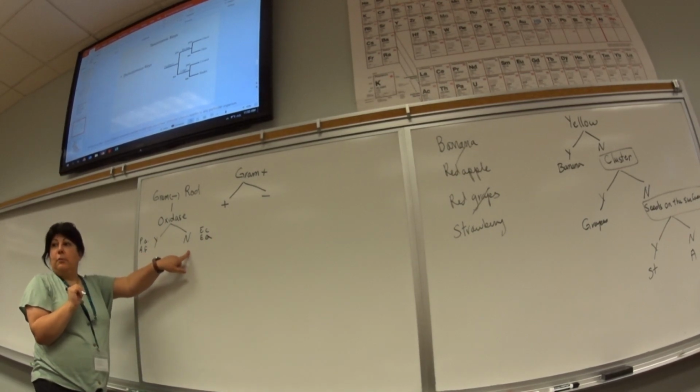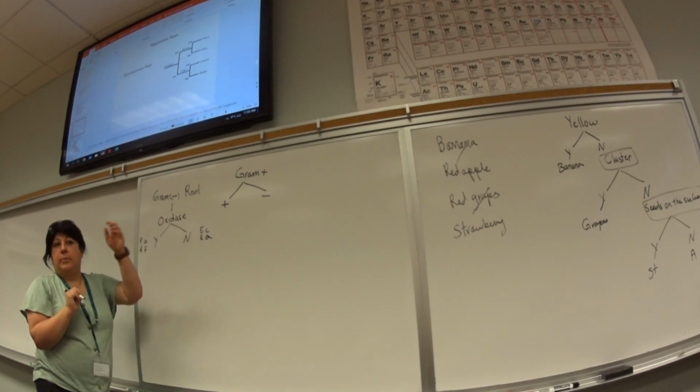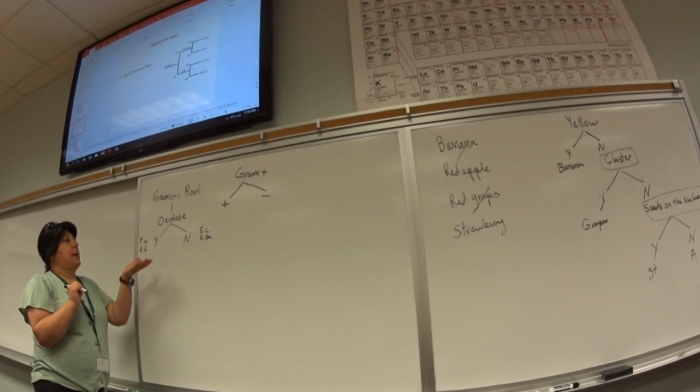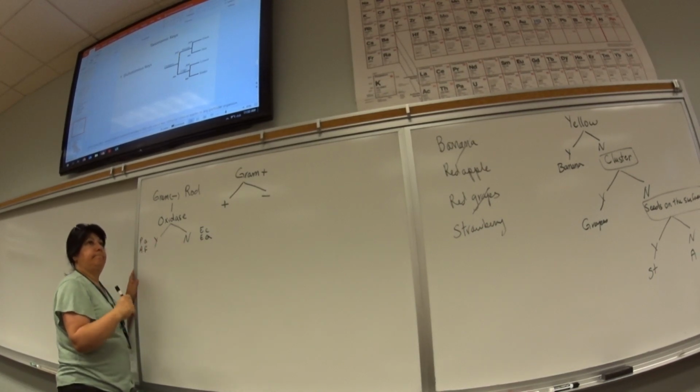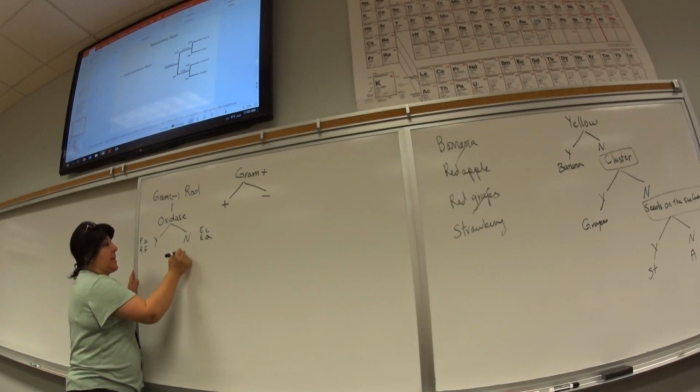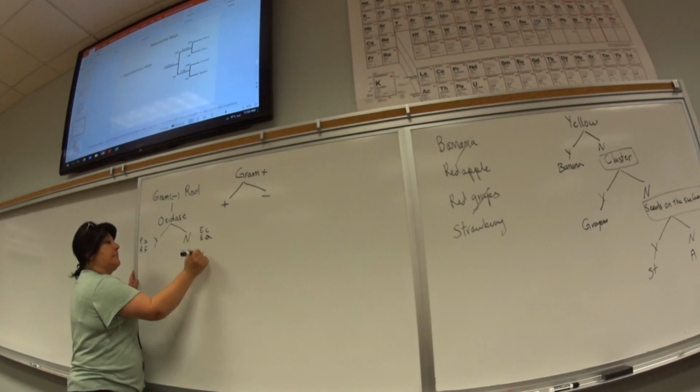Let's say we are no, so it's one of the 6 or whatever that is. Then you do another test. So the next test underneath the no is citrase. So citrase activity.